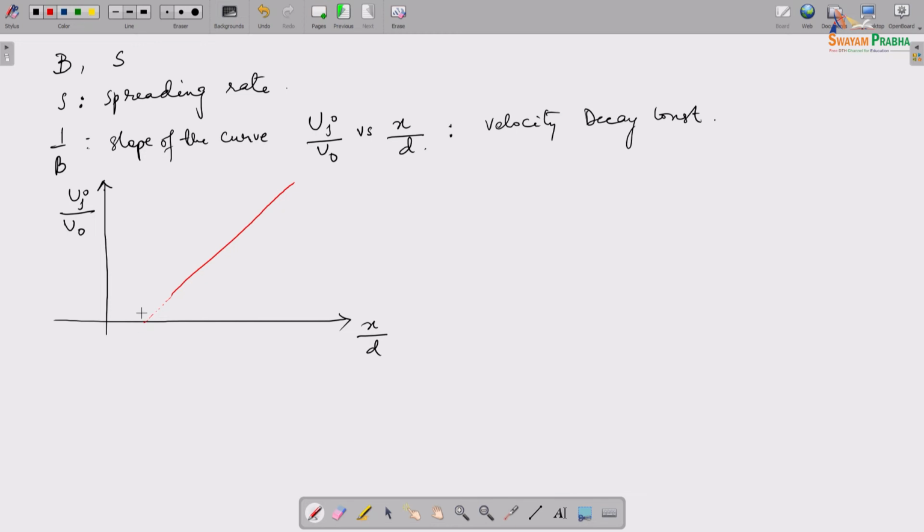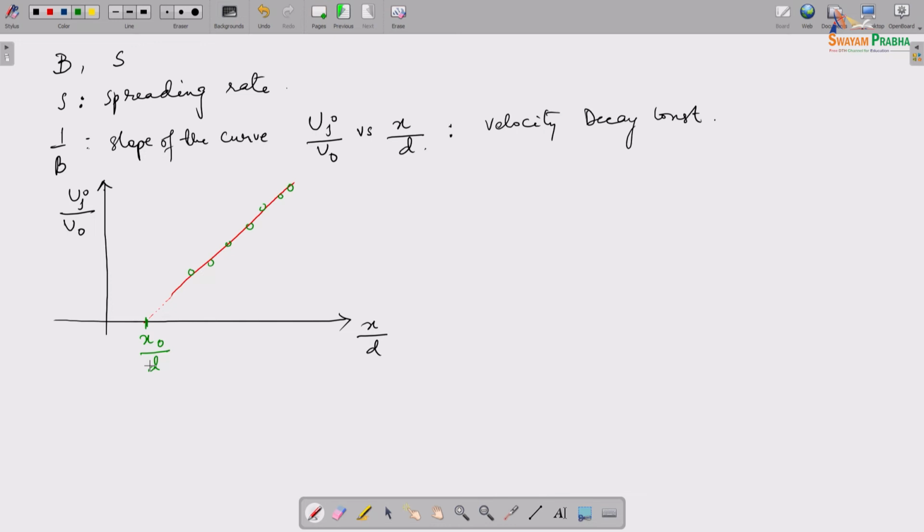You had several of these experimental data points, and you could draw a line through them which would intersect the x axis here. I'm going to call that x naught by d.